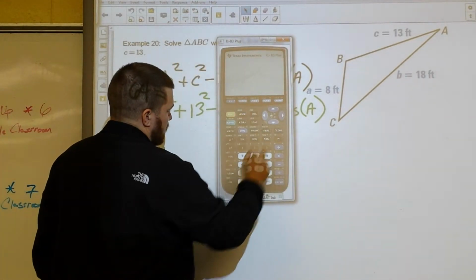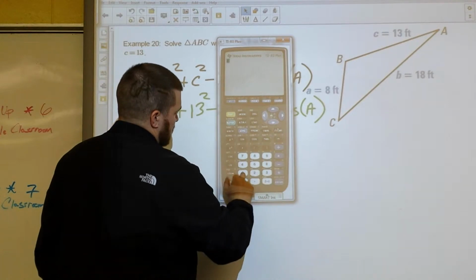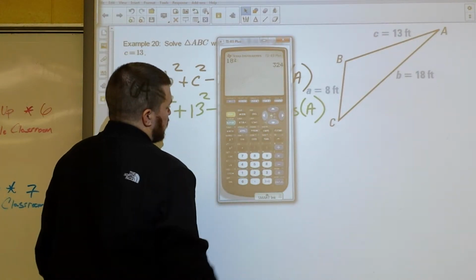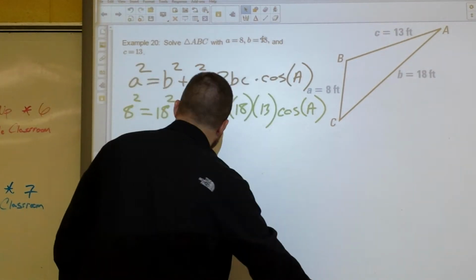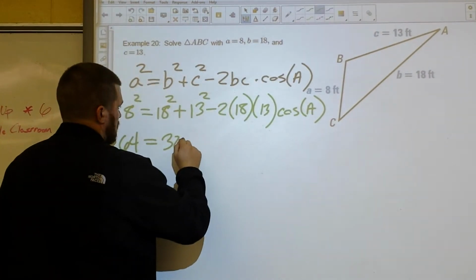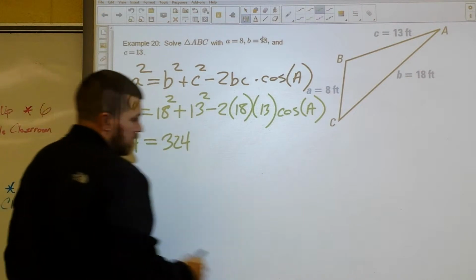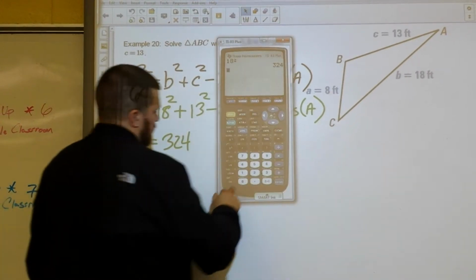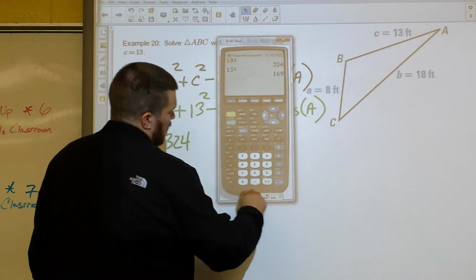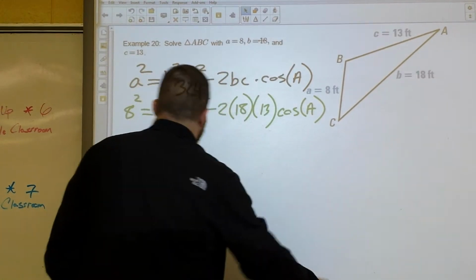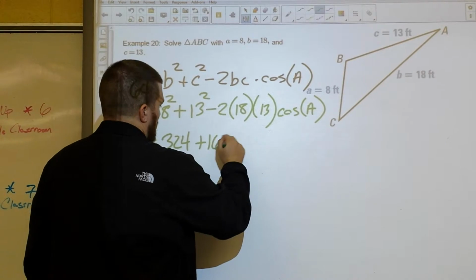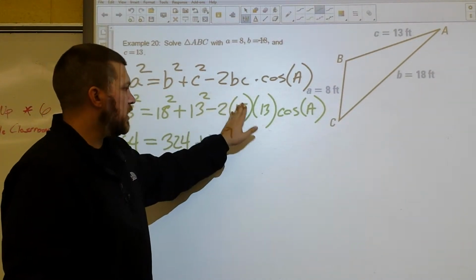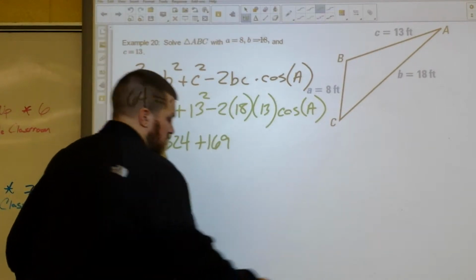I can make a guess, but why guess when you have the calculator? 18 squared is 324. 13 squared, I think it's 169, but let's double check it. Good, I got that one right. Now, again, baby steps: minus 2 times 18 times 13.